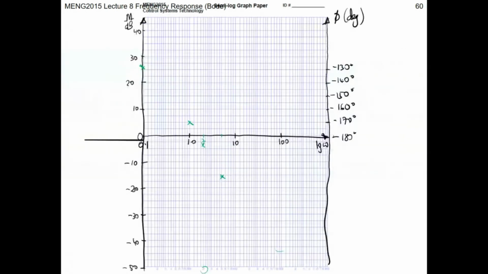Then minus 28 at 10. So it's coming down fast. You can see how the line is starting to bend downwards. And then minus 68 at 100. Well, that's off the bottom. I've not got enough space on the bottom here, so I have to come down here somewhere. My pen is really misbehaving. I don't know why it's doing this. So there's my gain plot, as best I can do using this sort of computer drawing thing.